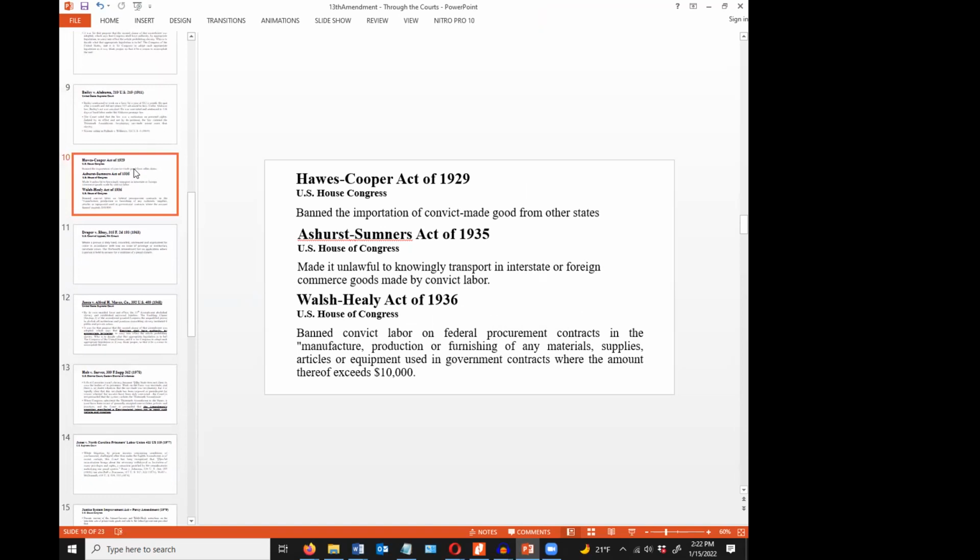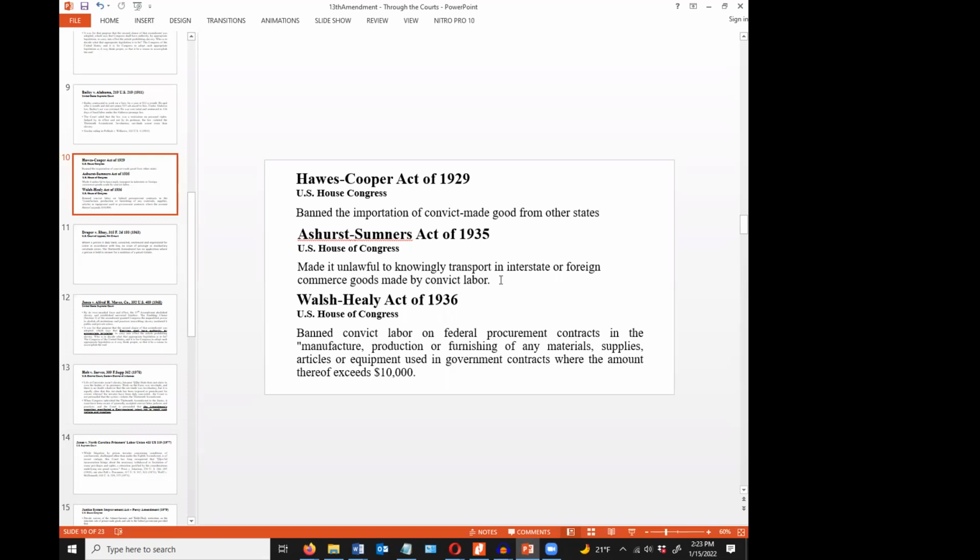So we keep hearing this recurring theme of Congress doing something. Congress started passing certain little laws over time. There was the Hawes-Cooper Act of 1929, which banned the importation of convict-made goods from other states. Then in 1935, the Ashurst-Summers Act made it unlawful to knowingly transport in interstate or foreign commerce goods made by convict labor.